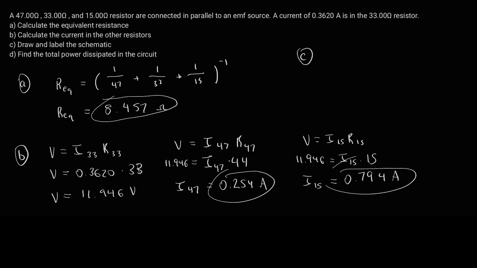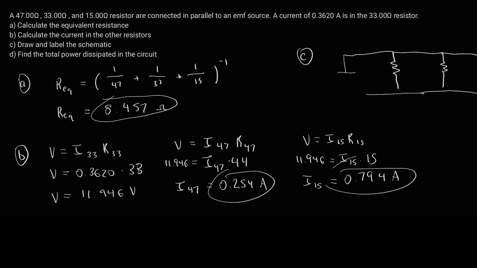Now let's do part C over here. For part C, we just have to draw the schematic. We'll draw it like this: have our one resistor there, second resistor there, and our third resistor there.